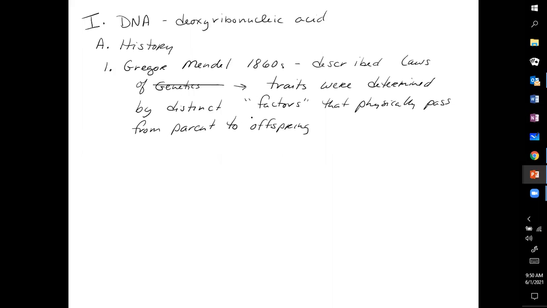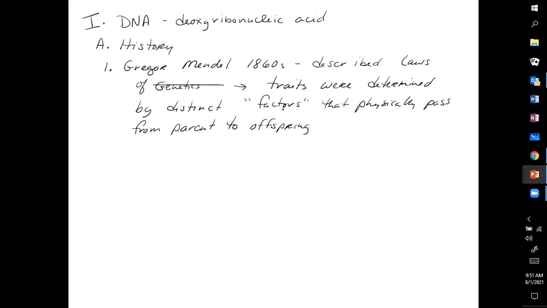Now, this is in contrast. There was a popular sort of hypothesis around the time that traits were really caused by use. It's Lamarck's hypothesis, and the example that's often used is like a giraffe has a long neck because it has to stretch up to get the leaves.